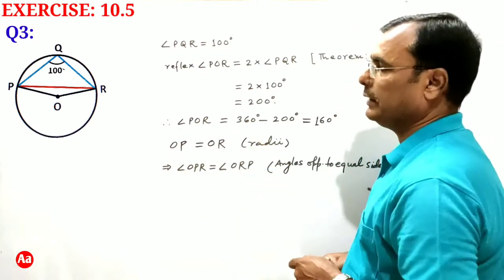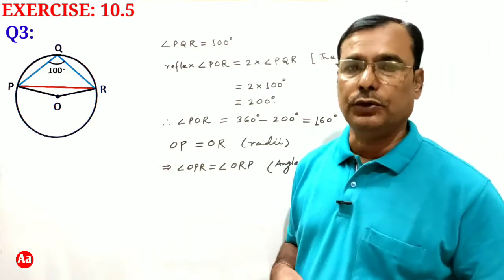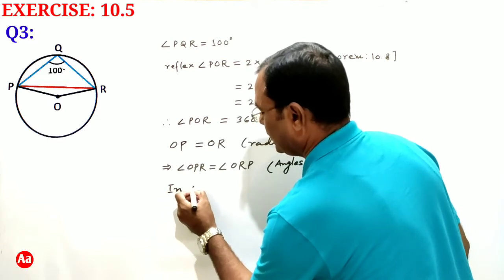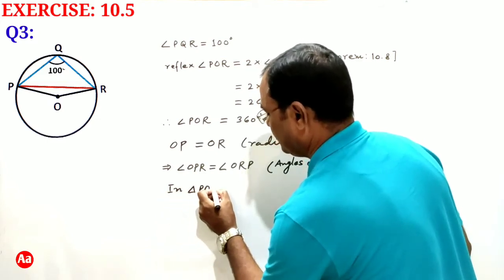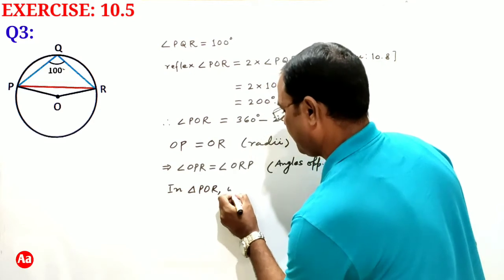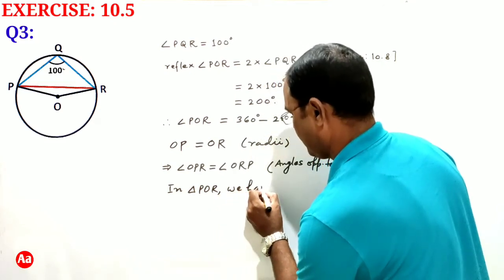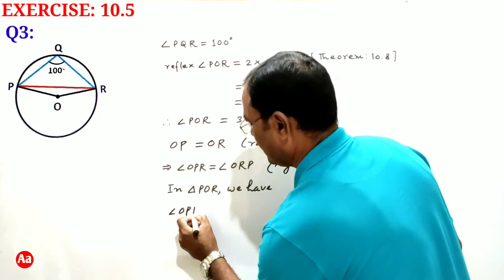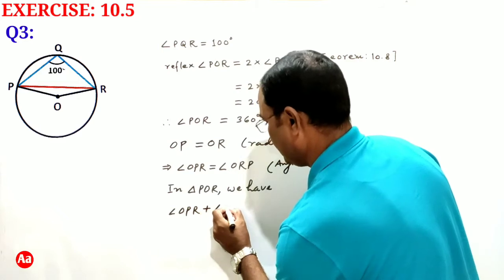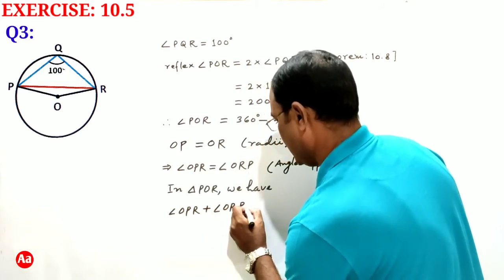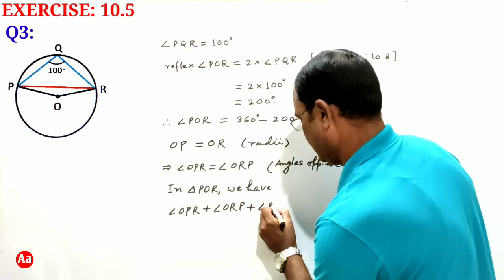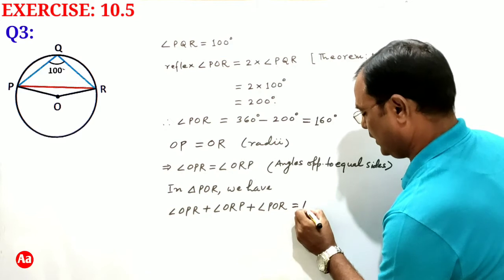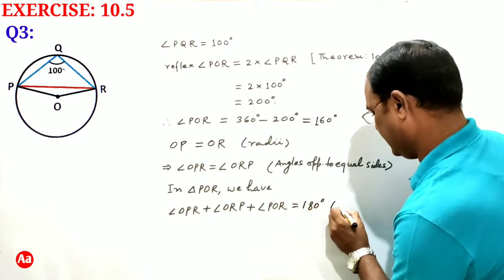Now we can apply angle sum property in triangle POR. In triangle POR we have angle OPR plus angle ORP plus angle POR equal to 180 degrees.